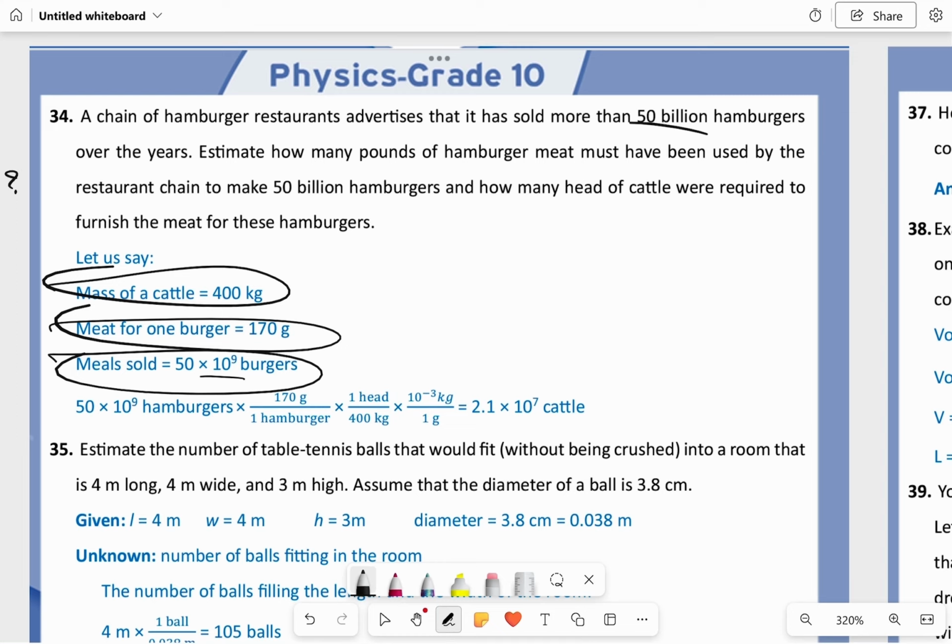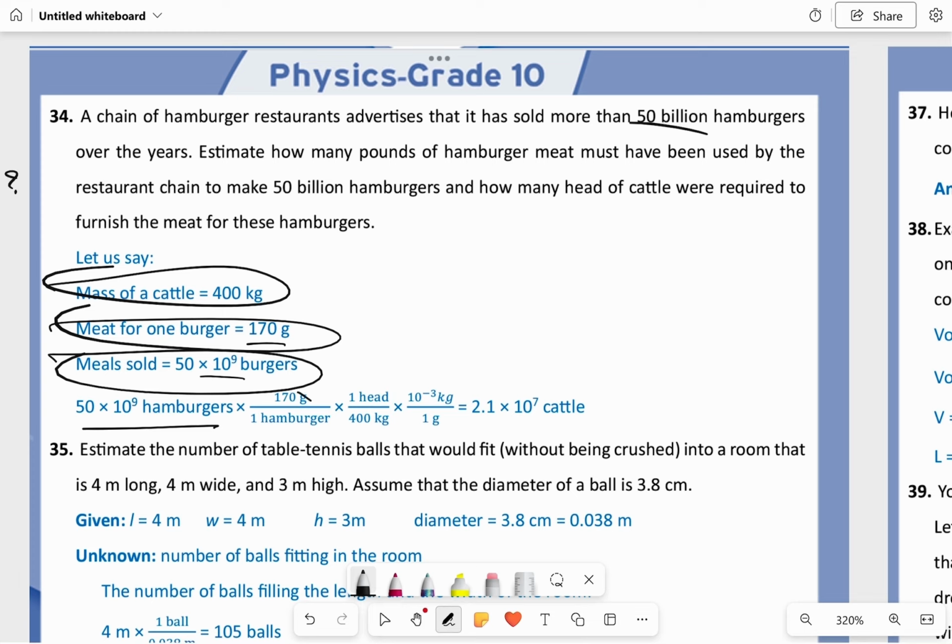You will say 50 times 10 to the power of 9 hamburgers multiplied by the meat for one burger, which is 170 grams. This is just an assumption, guys. Then multiply by one head divided by 400 kilograms. Multiply all of this by 10 to the power of minus 3 kilograms per gram, and you'll have this.